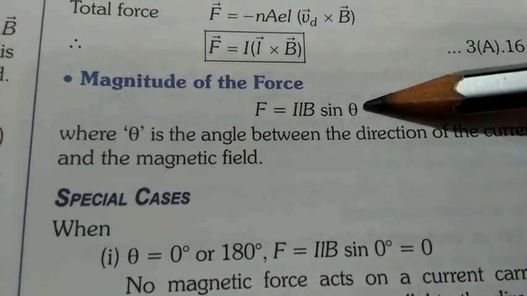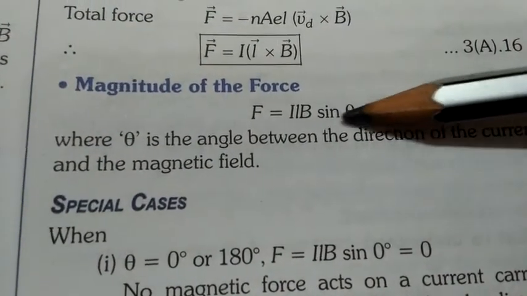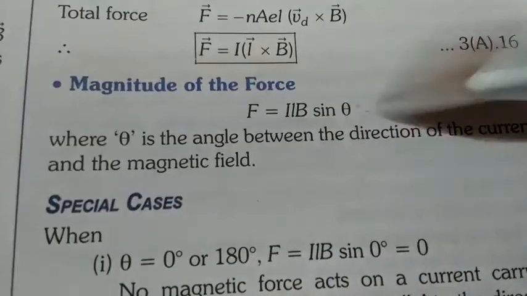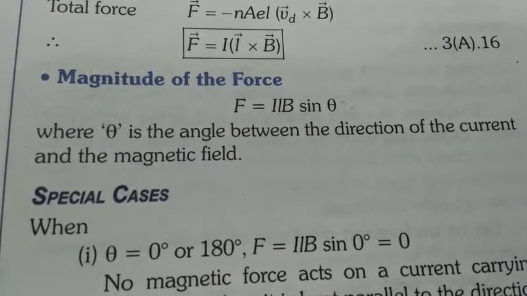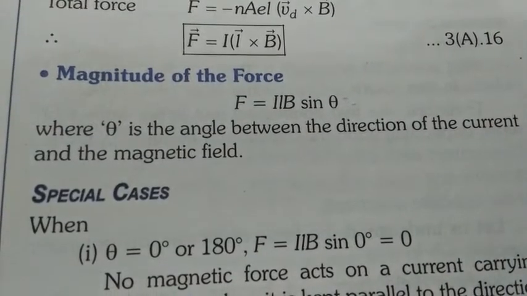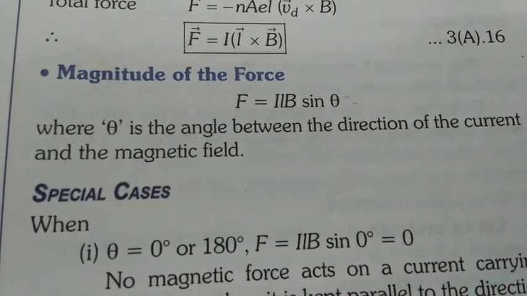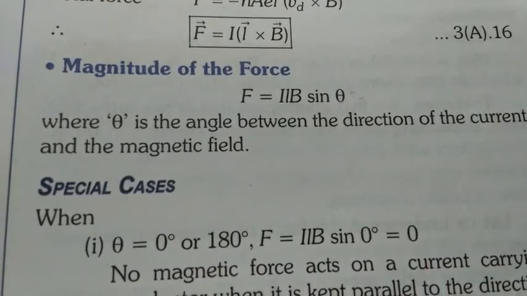The magnitude of the force can be written like this, ILB sine theta, where theta is the angle between the direction of current and the magnetic field, which I already discussed when explaining the figure.